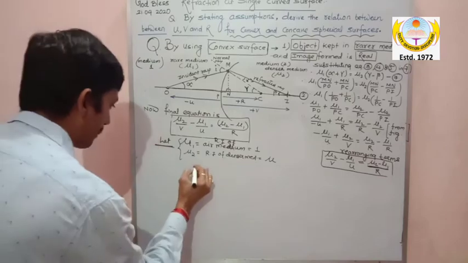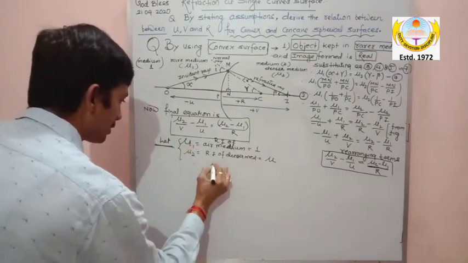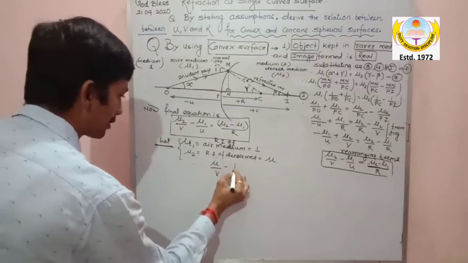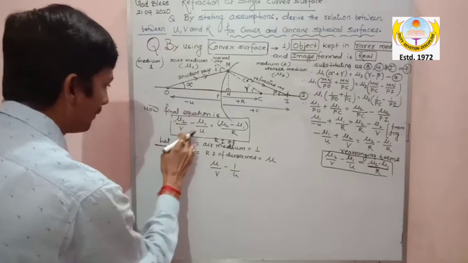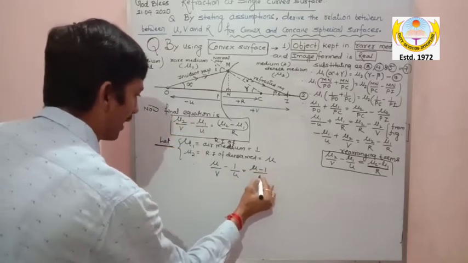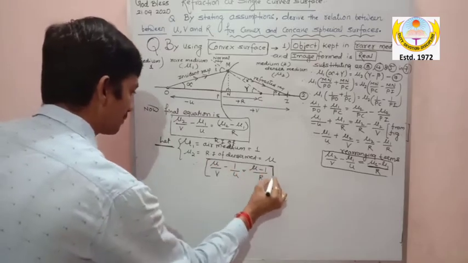So now what will happen to the equation? Therefore mu2 becomes mu. So this will become mu by V minus 1 by U is equal to mu minus 1 by R. Take care of this part.